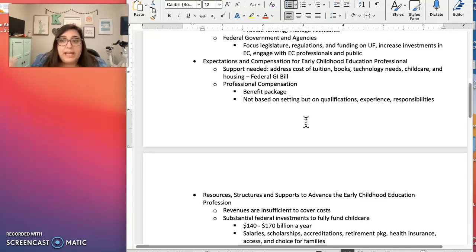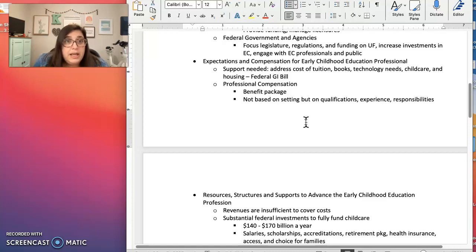They have to keep getting credentials and accreditations and degrees and professional development, but they're never compensated for all that they're doing. The Unified Framework is going to make sure that you are compensated for your qualifications, for your experience, and for your responsibilities.